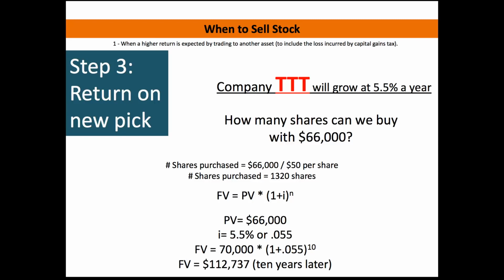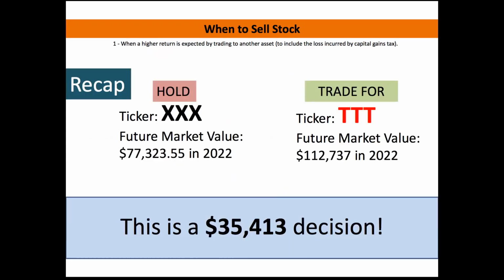So our present value is $66,000. It's going to grow at 5.5%. So when we plug those numbers into the formula, our future value equals $112,737. And that would be the value in 10 years from now, which the year would be 2022. So let's go ahead and recap what happened here.